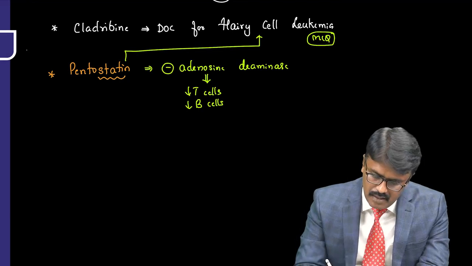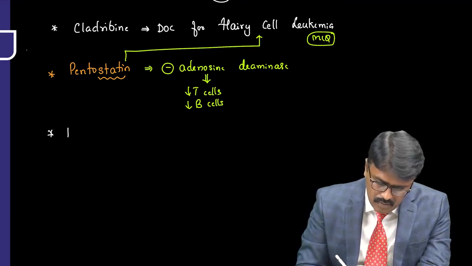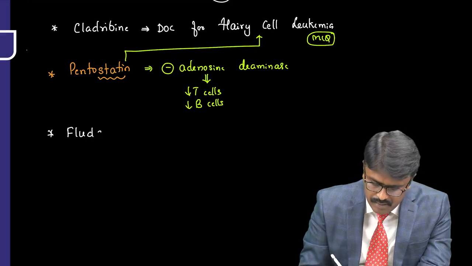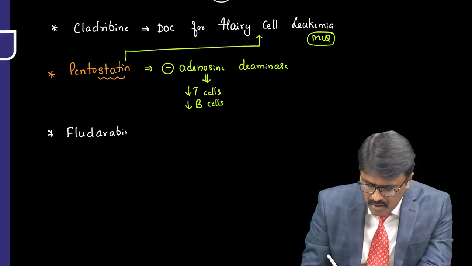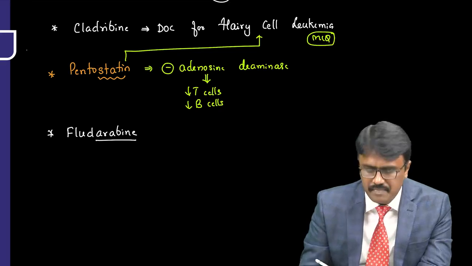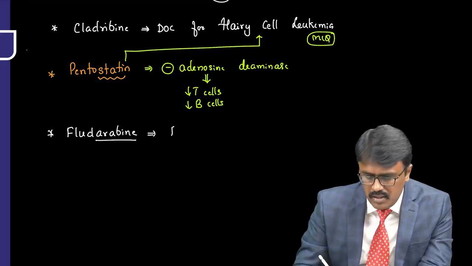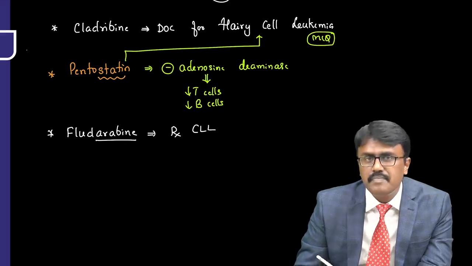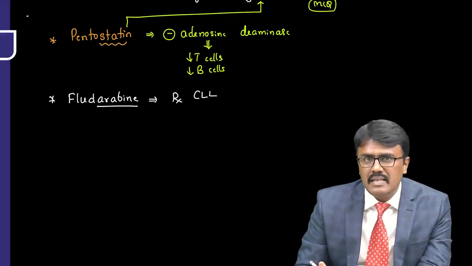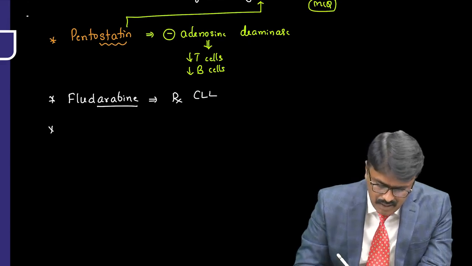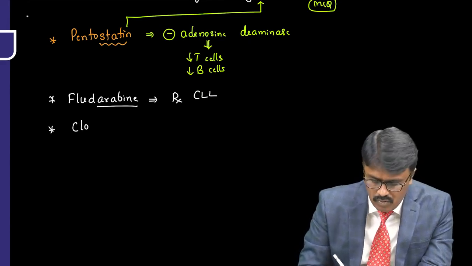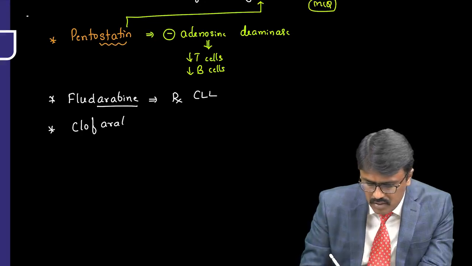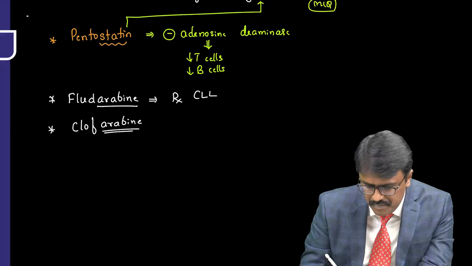The other drugs in this case are fludarabine. Remember the name ends with arabine. Fludarabine is used to treat CLL. Then we have a drug called clofarabine. So it ends with arabine.